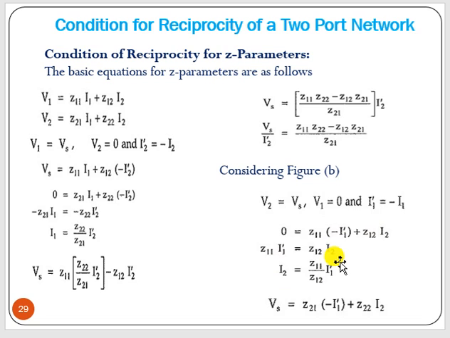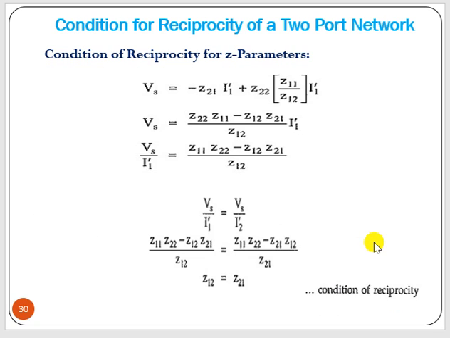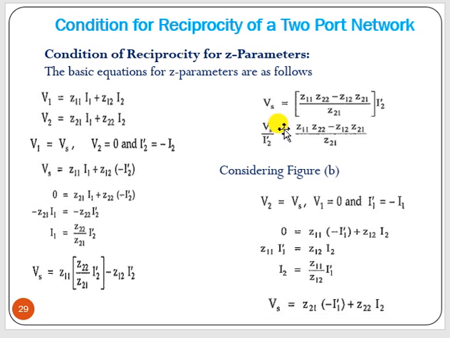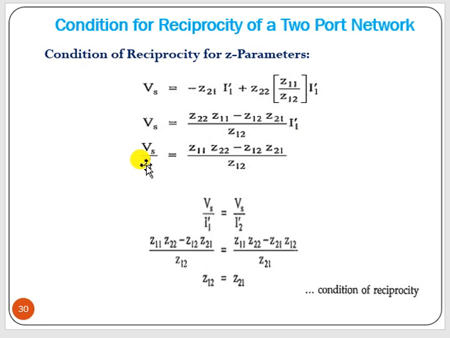Now in the second equation put V2 equal to Vs and I1 equal to minus I1 dash. After that we can put this I2 expression here, then we can find Vs by I1 dash, because here we will have only I1 dash. So using that we got Vs by I1 dash. Now we have Vs by I2 dash and Vs by I1 dash.